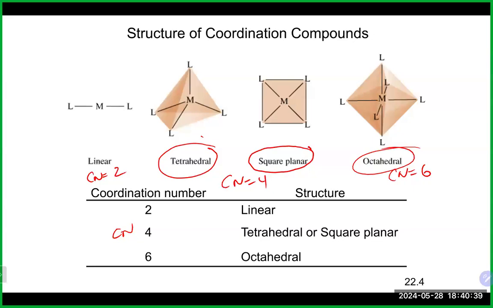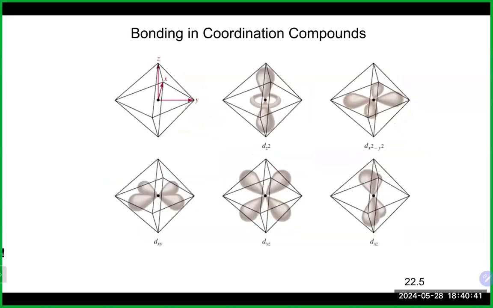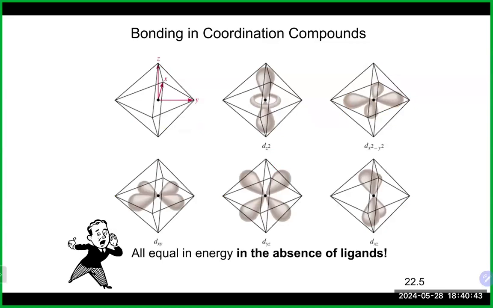So what happens with these electrons when we start to have ligands attaching to our metals? Well, first off, as you hopefully know, there are 5 different d orbitals. These are the 5 different d orbitals available to our transition metals.